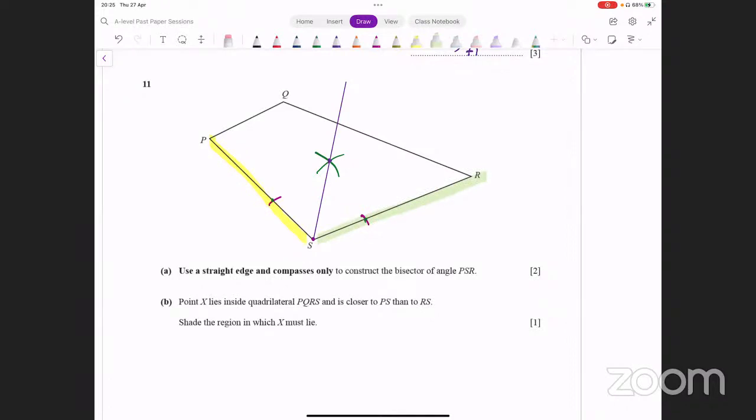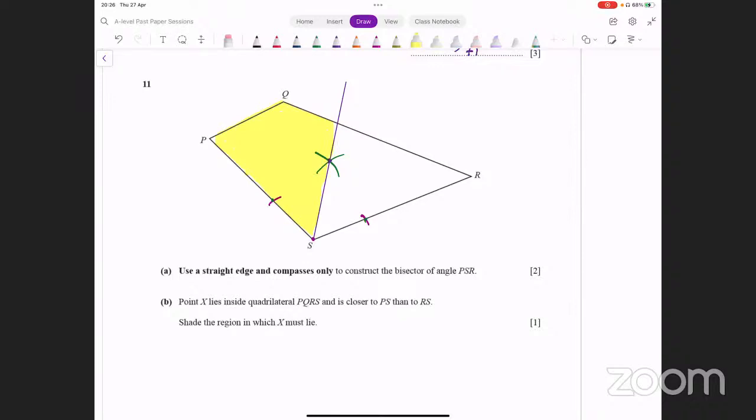Shade the region in which X must lie. अब देखें RS वाली साइड आपने शेड कर देनी है. एंगल बाइसेक्टर के जो RS की तरफ जो रीजन है, you just shade that region. ये रीजन आपने शेड कर देना, ठीक है. This is the region that you have that satisfies the condition that they've given. All right, I hope that makes sense.